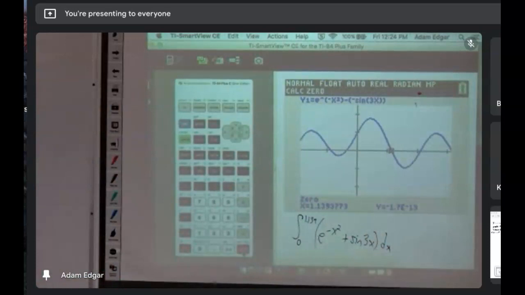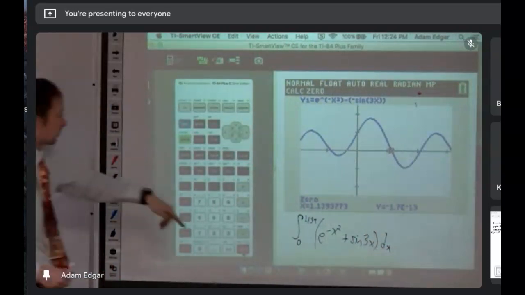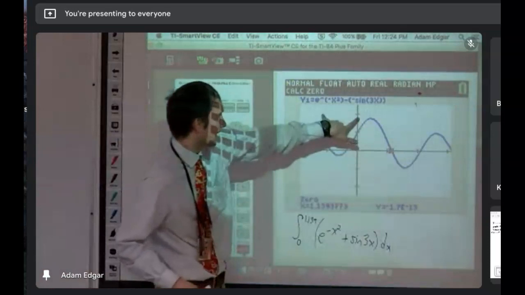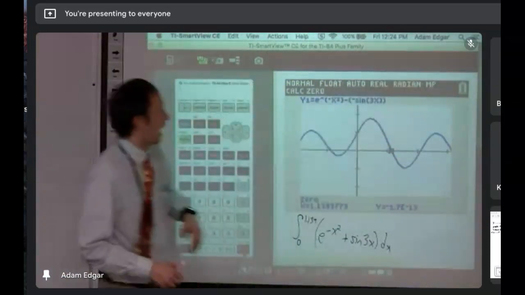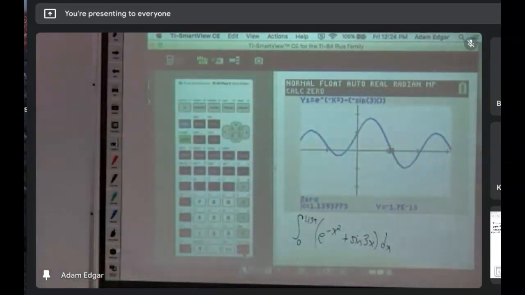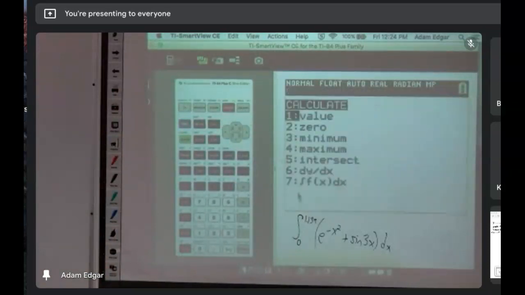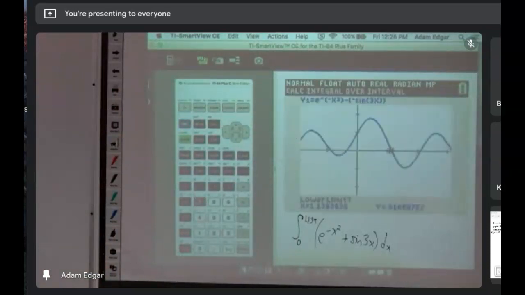I've already plugged this equation into my calculator, and now I just do second trace integration, option 7, going from 0 up to 1.139. And boom, there's your integral, 1.445.